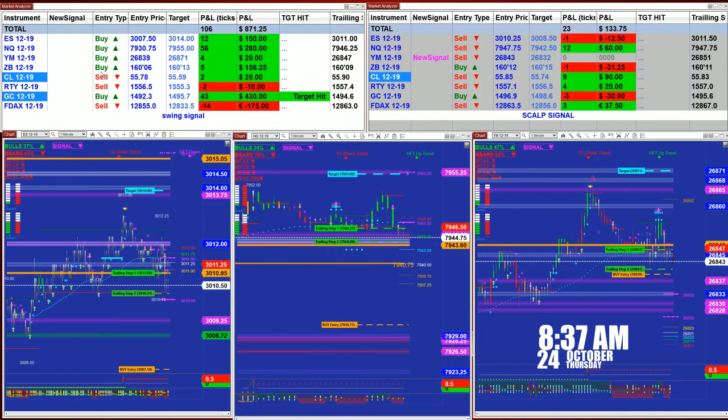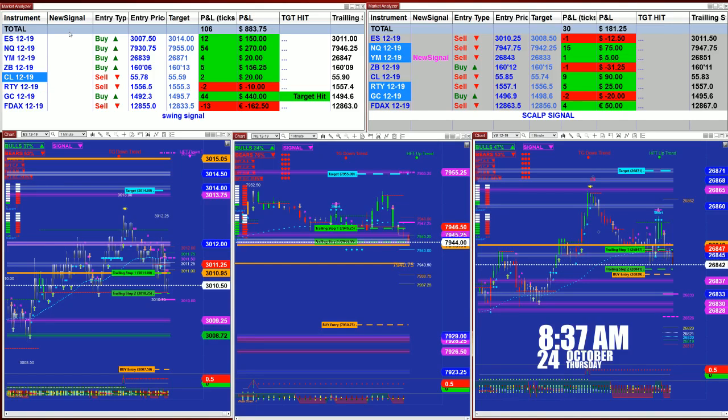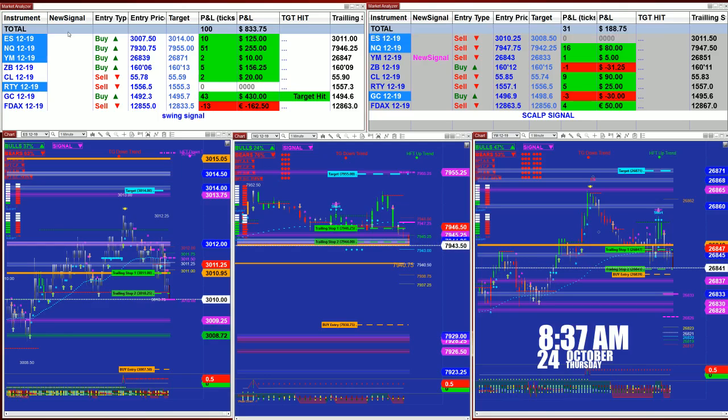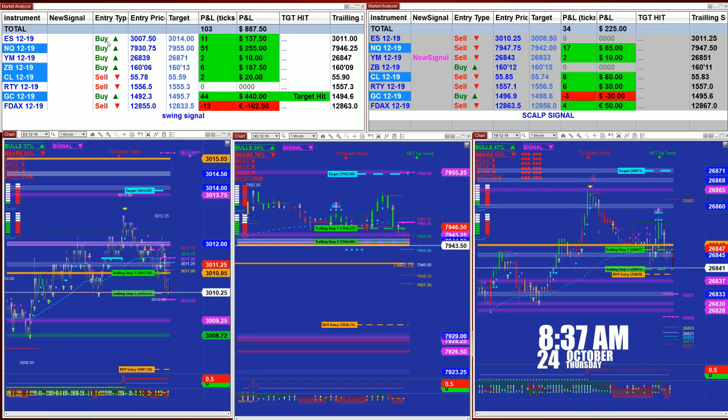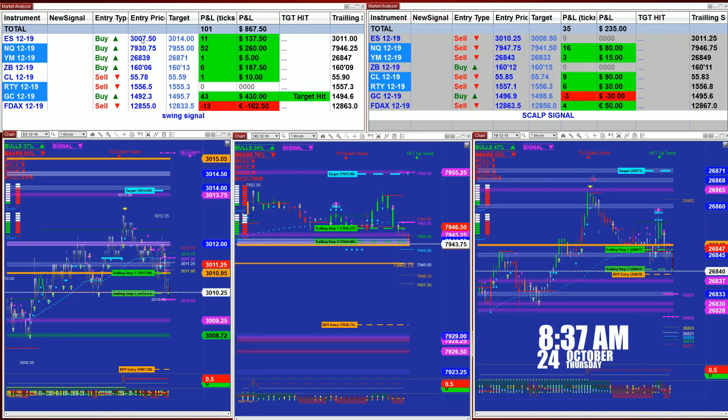For the ones just joining us today, we have 4 different automated systems we cover, and you're very welcome to follow any of our signals. On the left column here, you will see a new signal. As an example, we had a buy on the ES at 3007.50, target 3014.